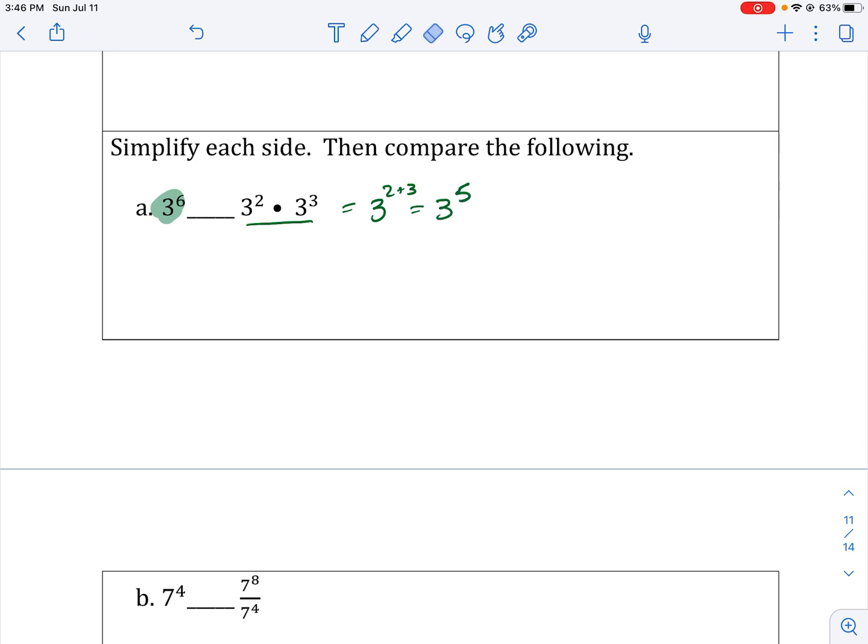Now that we have both sides simplified, we are going to look at the exponent. Since our bases are the exact same, both bases are 3, we look at the exponent. Since we have a whole number here, the larger exponent is going to be the larger side. So 3 to the 6th is greater than 3 to the 5th.